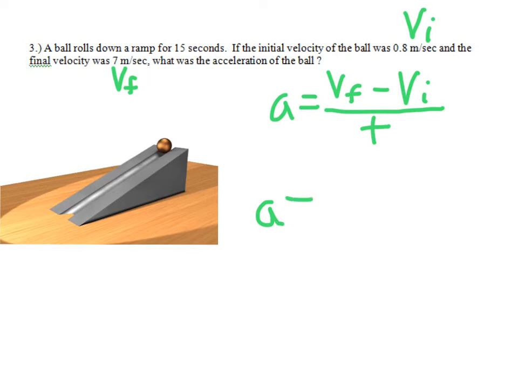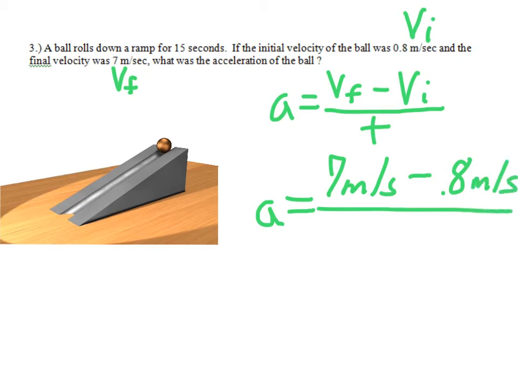So we're going to plug these first ones in. The VF right here was 7 meters per second, so I'm going to write 7 meters per second. I'm going to subtract that from the VI. My VI is right here, so I'm going to write 0.8 meters per second.